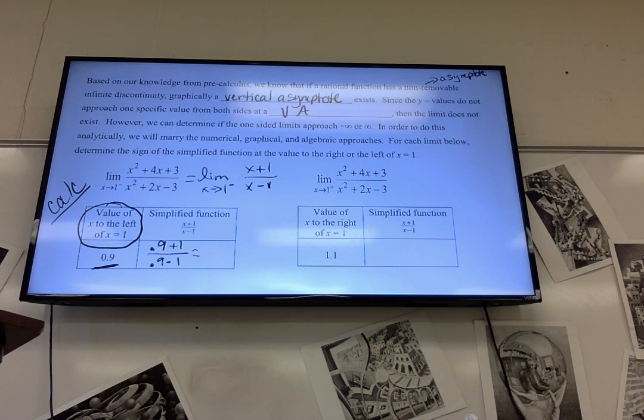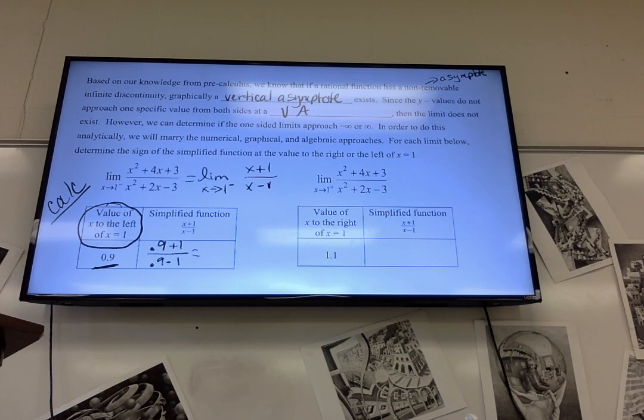So what is it approaching? Negative infinity. Because the first one was negative 19. The next one was negative 199. If I did 0.999, it would be even bigger. So it's getting smaller, I guess. Negative infinity, a negative huge number.